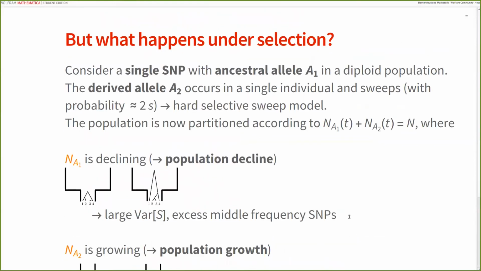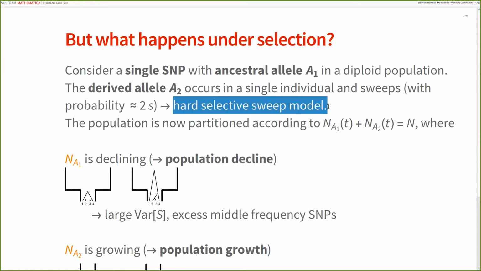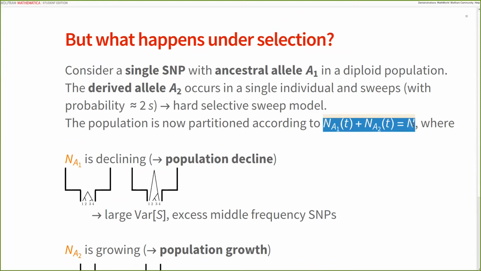So what happens now under selection? Well, if we consider a single SNP with some ancestral allele A1 in a diploid population, then we may let a derived allele A2 occur in a single individual, which then sweeps according to a hard selective sweep model. We can therefore decompose the population into two subgroups, the ones carrying the first and the ones carrying the second allele.